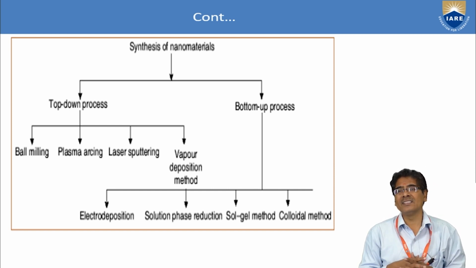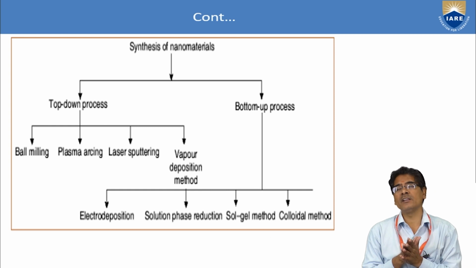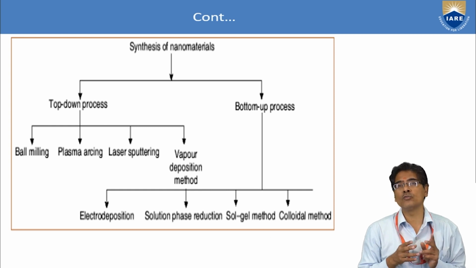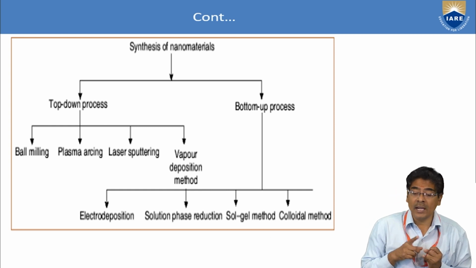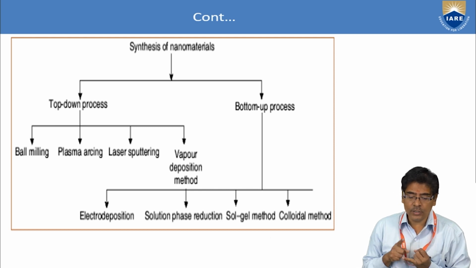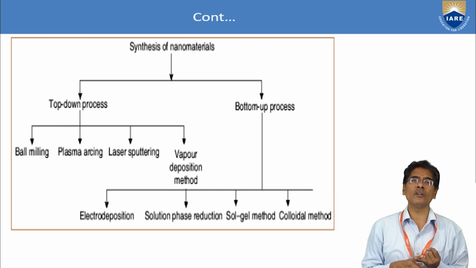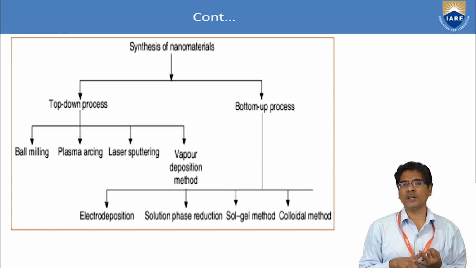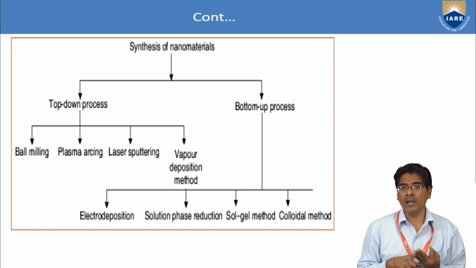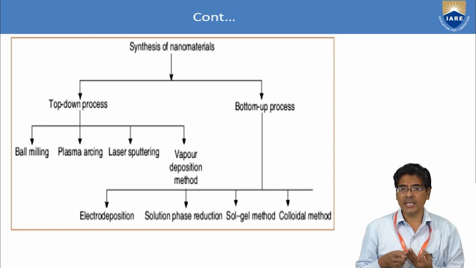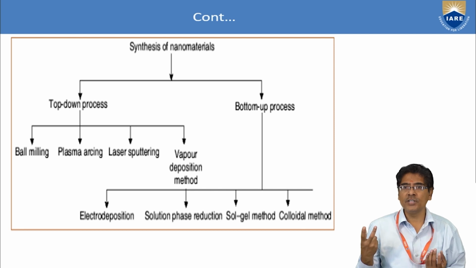So the synthesis and fabrication of nanomaterials includes two processes: one is the top-down process and the other is the bottom-up process, right? In the top-down process, we have the ball milling process, plasma arcing, laser sputtering, and vapor deposition method. Whereas in the bottom-up process, we have the electrodeposition technique and solution phase reduction.